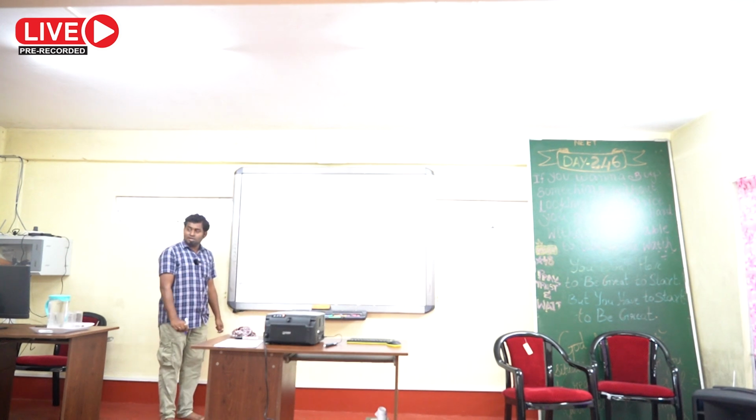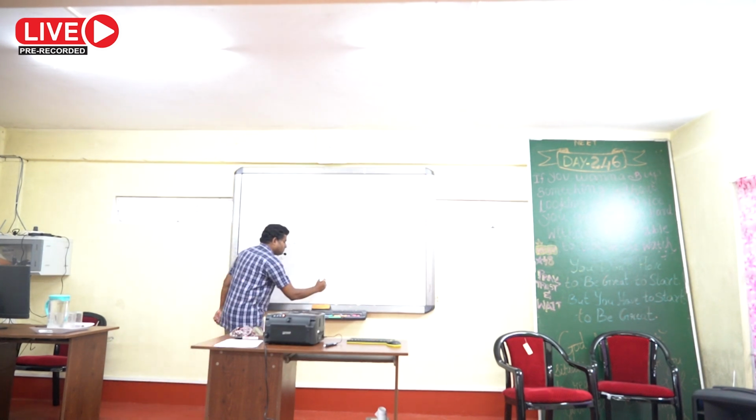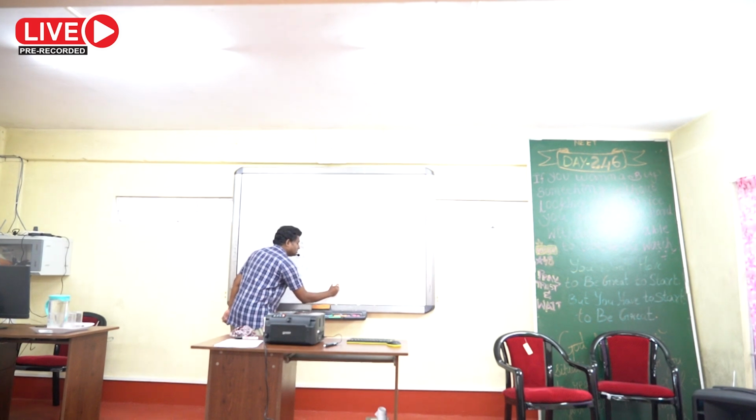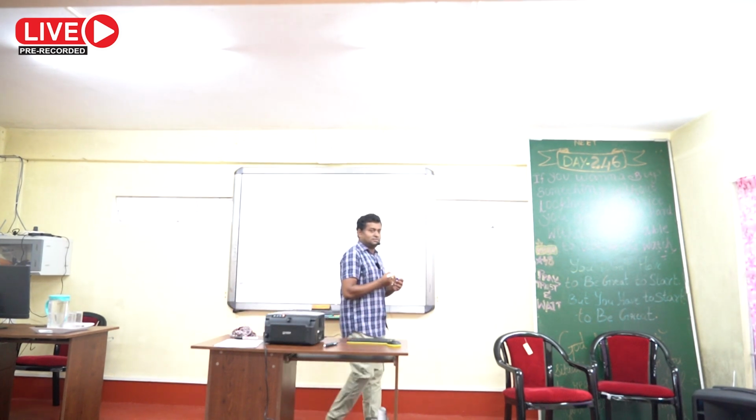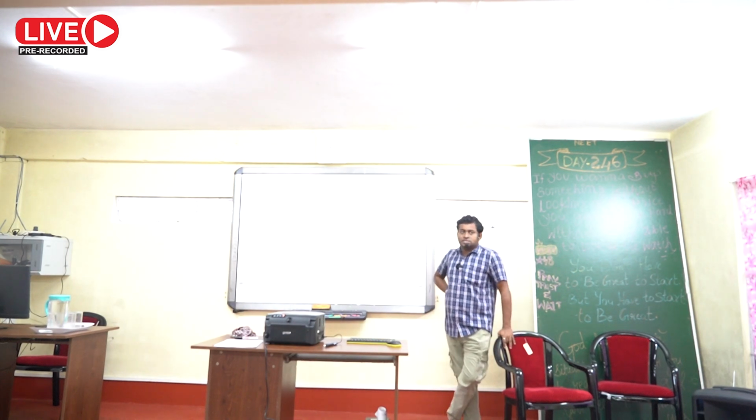But V by 4L is N naught. So it will be 3 N naught.